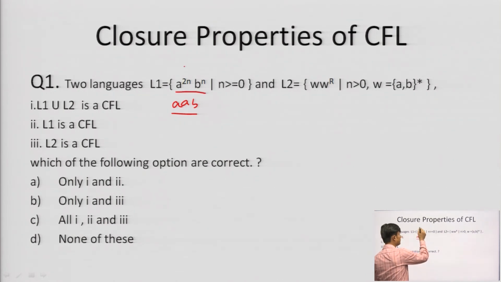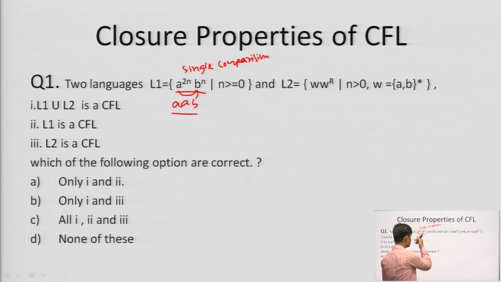When there is a single comparison, it can be accepted by a pushdown automaton, and there is no need to check anything else. Here there is only one comparison, a to b, so this is a context free language that can be accepted by a pushdown automaton, a deterministic pushdown automaton also.